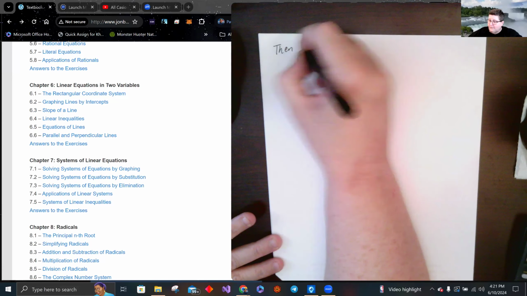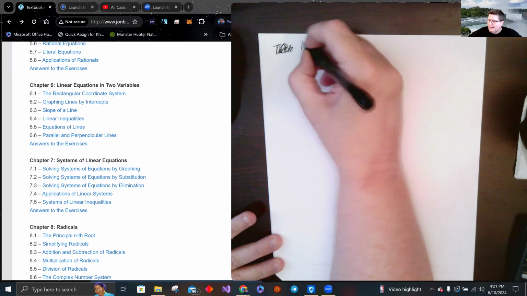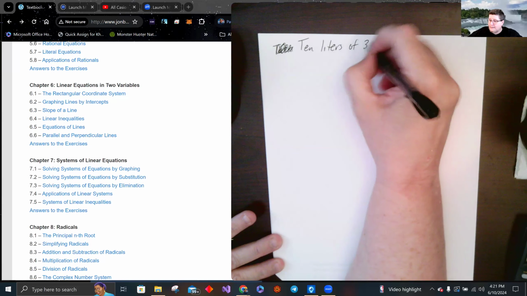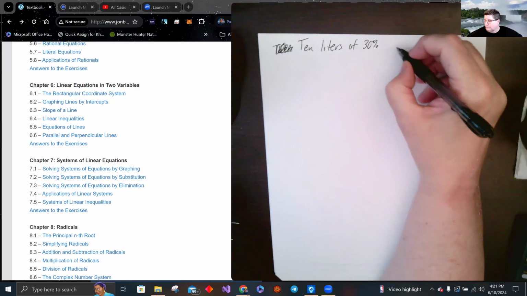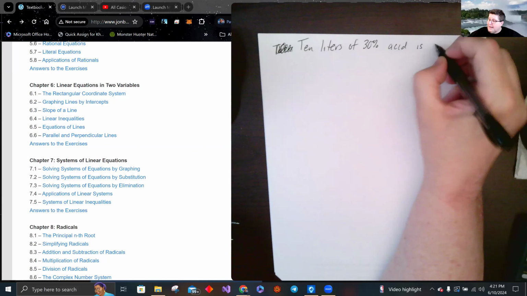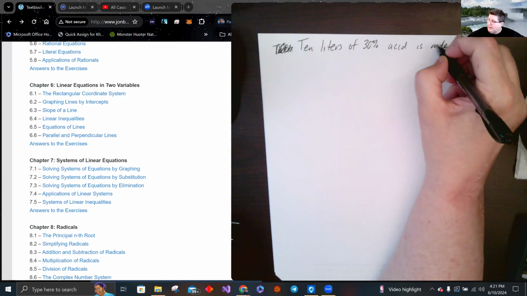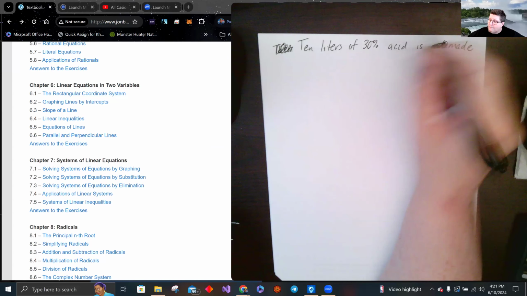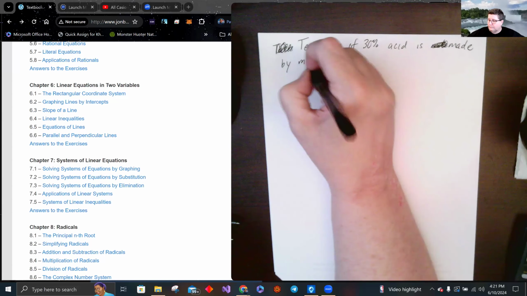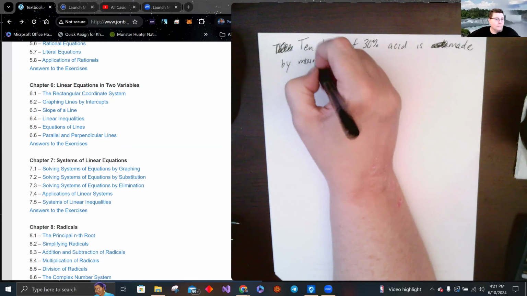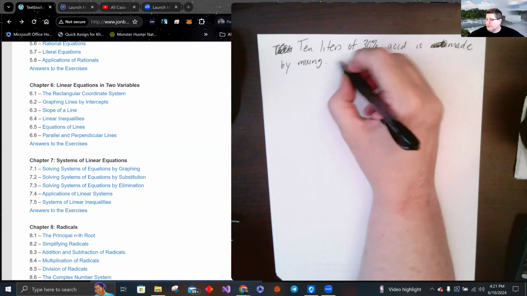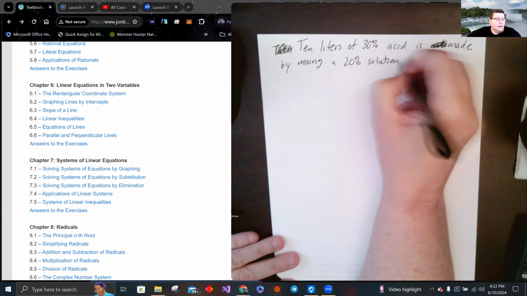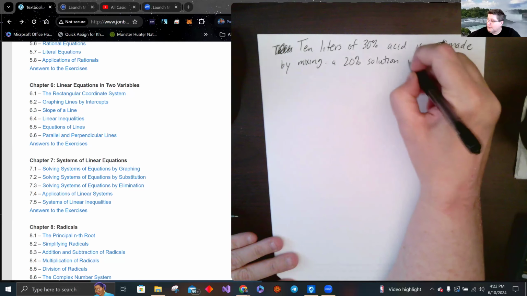10 liters of 30% acid is made by mixing a 20% solution with a 50% solution.